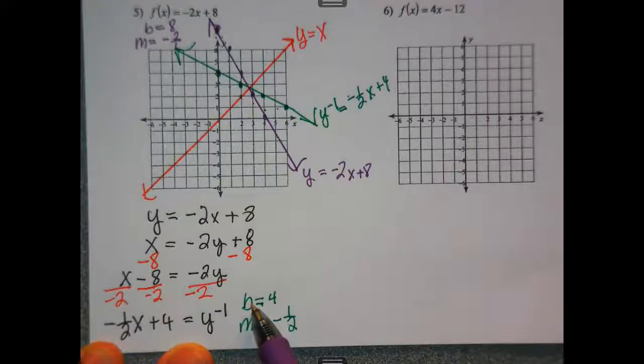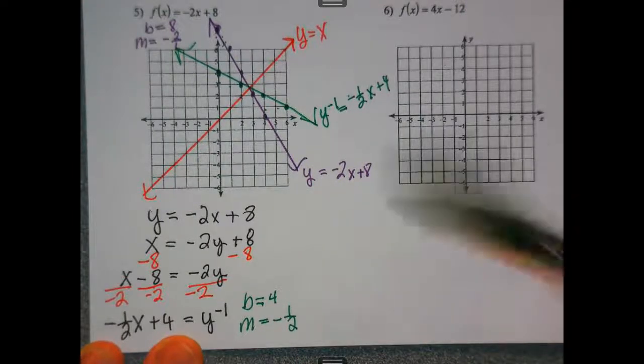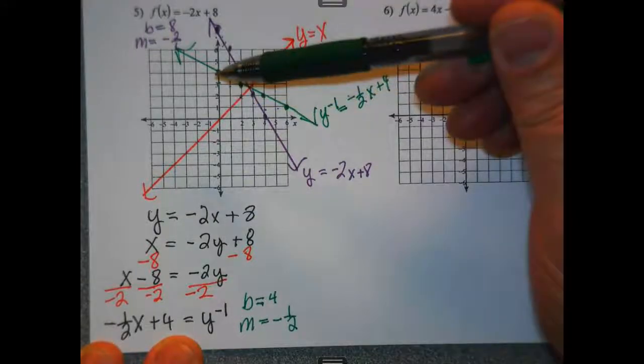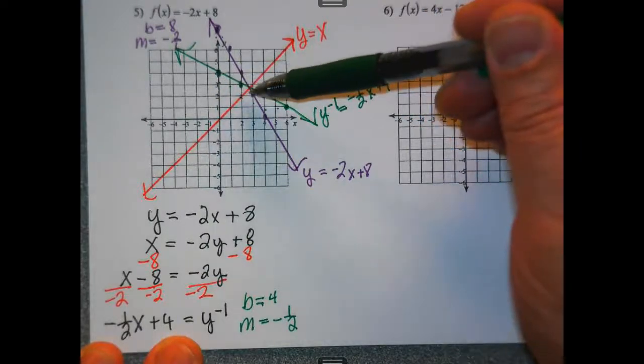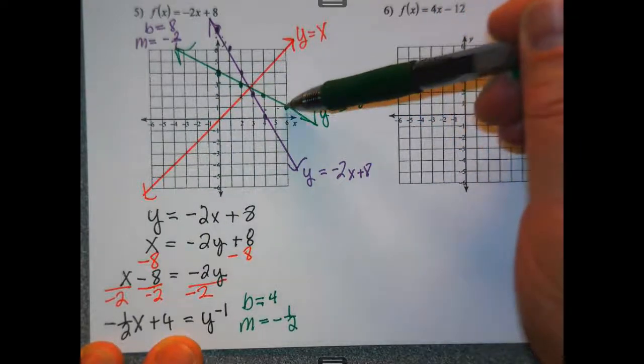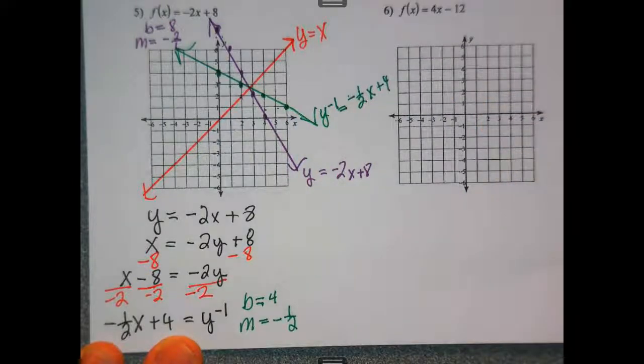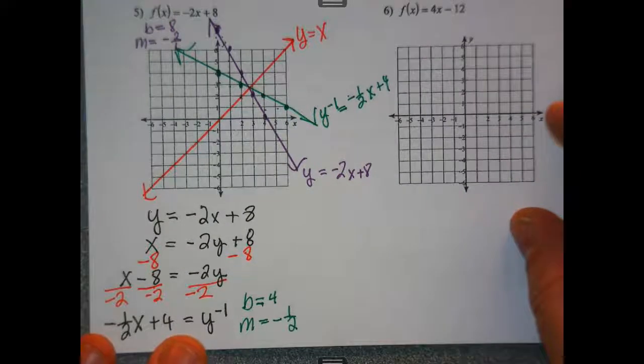This time my y-intercept was 4. My slope was -1/2. So I graphed that line, crossed my y-axis at the y-intercept 4. Slope was negative 1/2, down 1 over 2, down 1 over 2. Yeah, it's a lot of work.